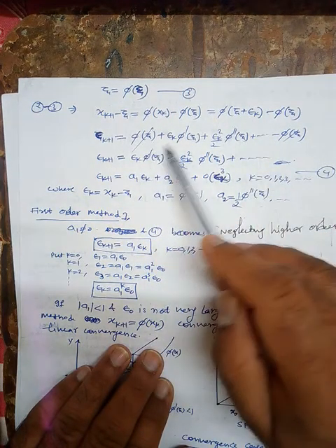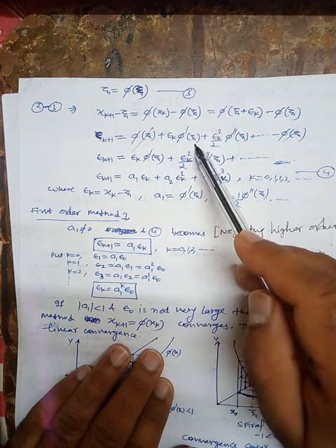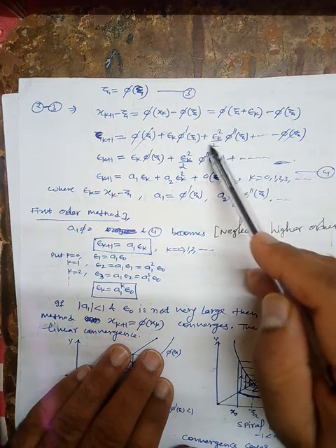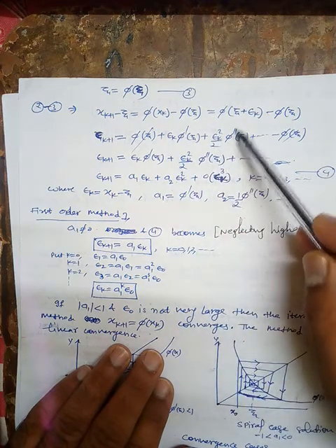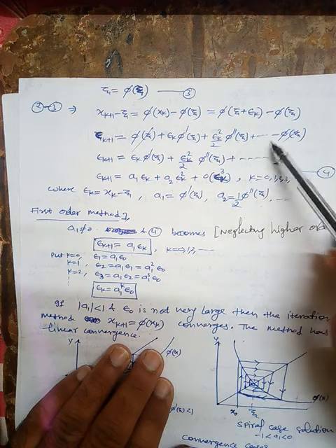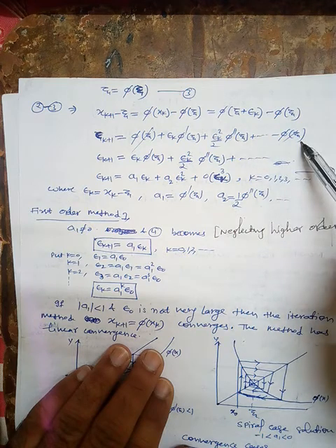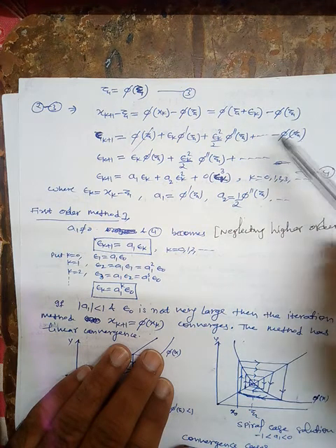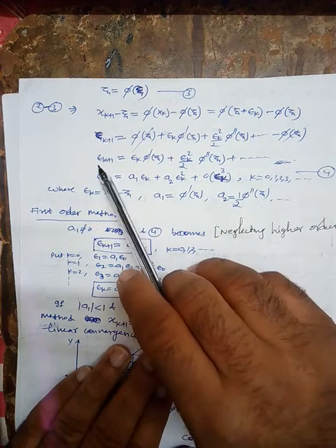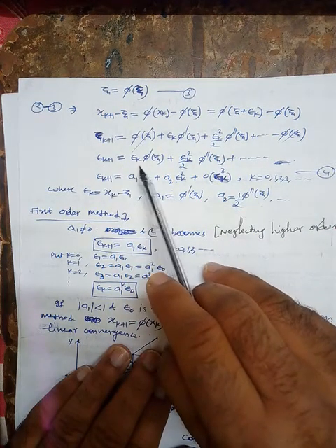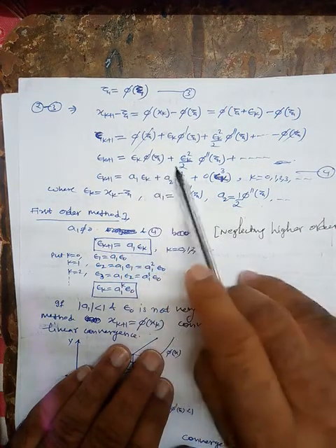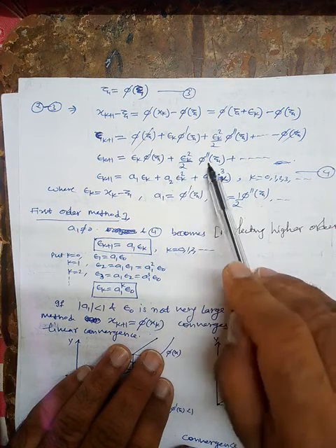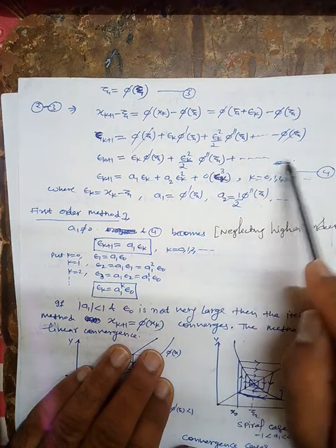So we get phi of xi plus epsilon k phi dash xi plus epsilon k whole square by 2 phi double dash xi plus and so on, minus phi of xi. Now you can cancel out this quantity with this quantity. So we get epsilon k plus 1 is equal to epsilon k phi dash xi plus epsilon k whole square by 2 phi double dash xi plus and so on.